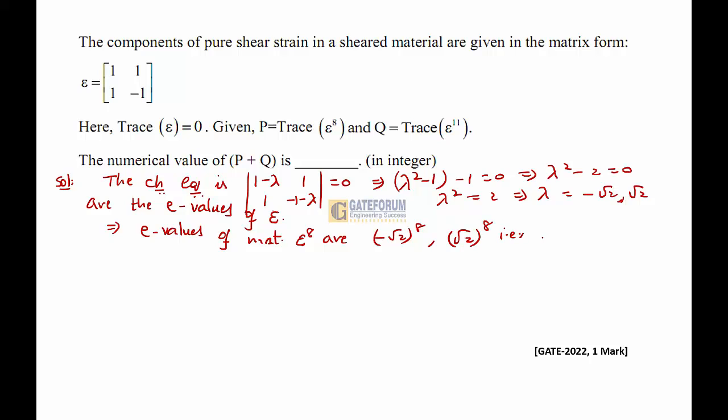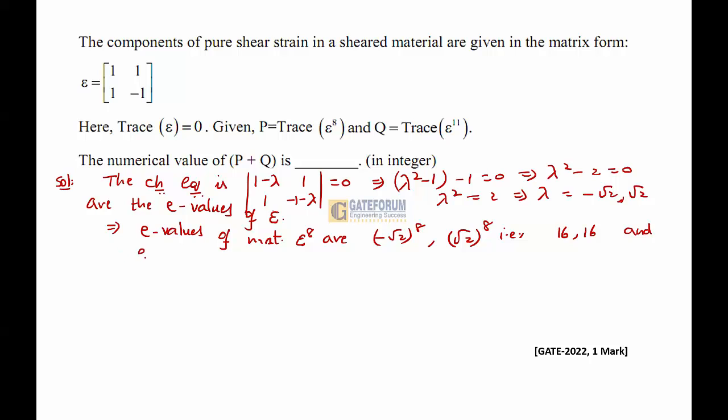That is minus 16 plus 16, that is 16, 16, repeated eigenvalues.